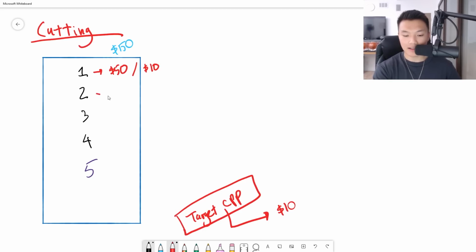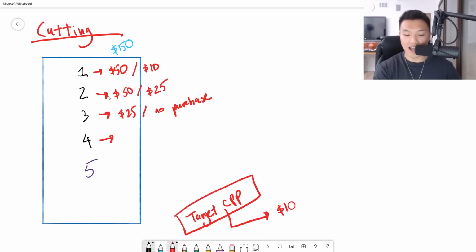Now let's say this thing also spent $50, and this time the cost per acquisition is $25. And now let's say this thing has spent $25, and there's basically no purchase just yet. It's not doing too hot.